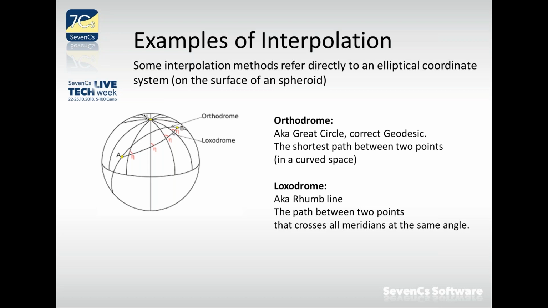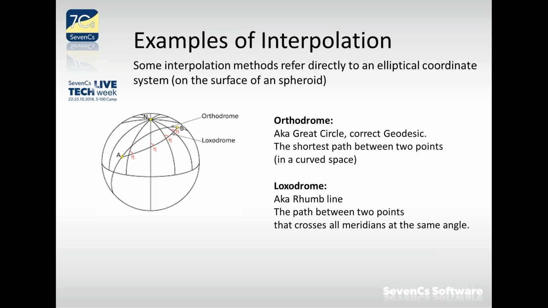And there we have 2 interpolation methods. One is the orthodrome. Some may know this as a great circle. Also, the correct term for this thing is the geodesic, which is defined as the shortest path between 2 points, especially in a curved space. This can be the surface of a spheroid, but it's also true for the space-time continuum in the relativity theory of Einstein. That is the same mathematics.